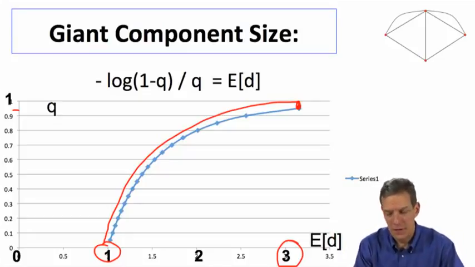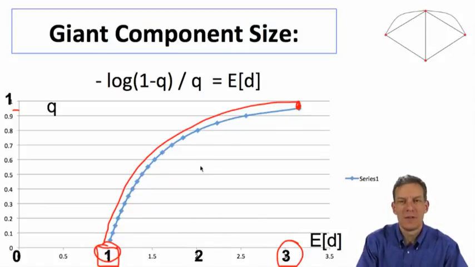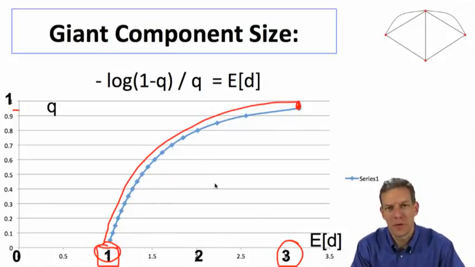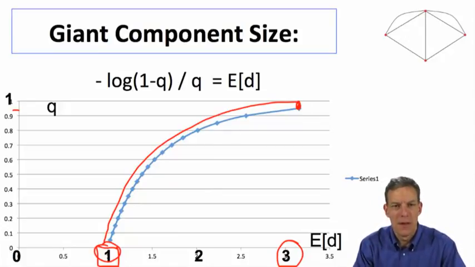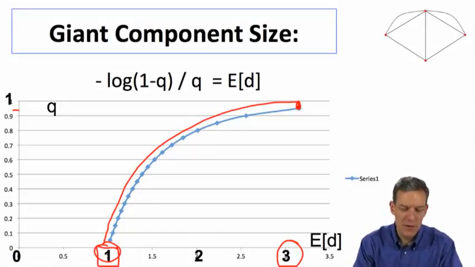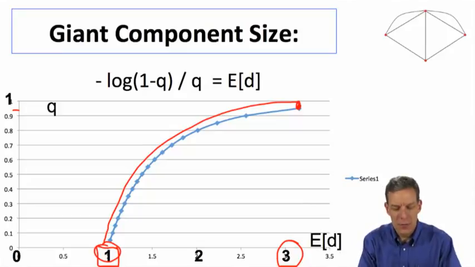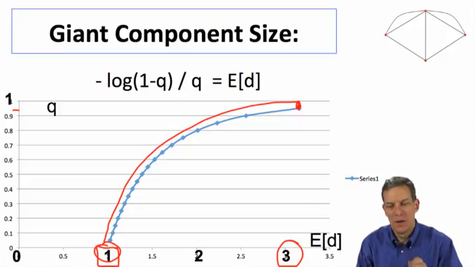If you remember in our promo video, I said tell at least 2 friends. Well, if you tell just 1 friend, we don't get much diffusion. 2 friends is at least enough to start pushing us fairly far along, and at 3 friends you're most of the way there. So in terms of giant component size, we see a fairly tight transition from having no giant component to having almost everybody connected. Most of the action is in this one region.